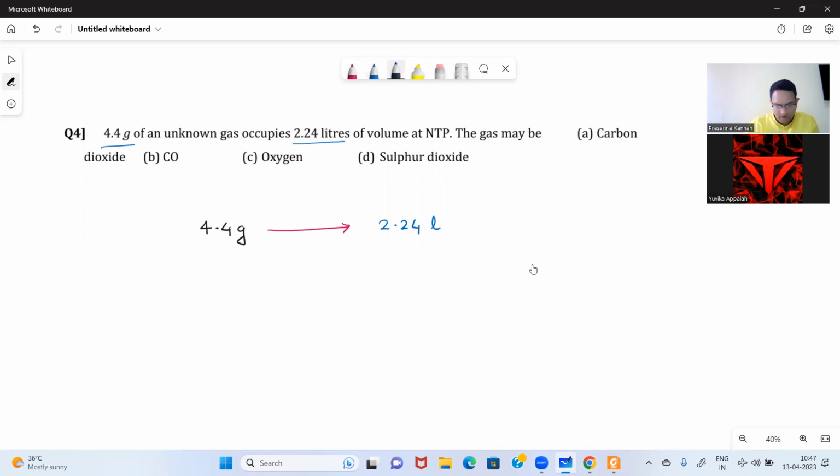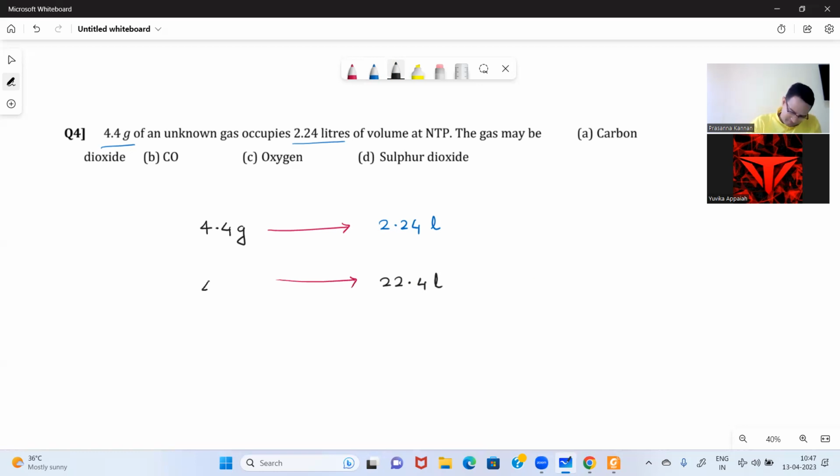So how much will be the mass which occupies 22.4 liters, Yuvika? We'll get 22.4 into 4.4 divided by 2.24. So what is it going to be? 44.